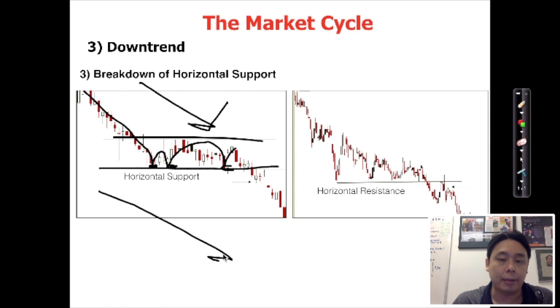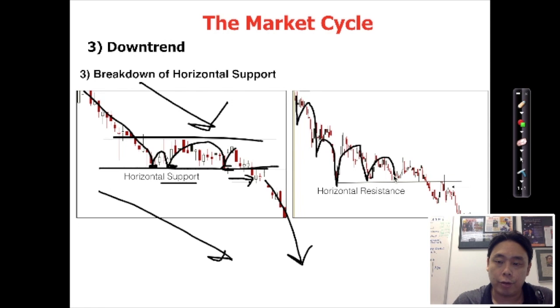When you see that pattern, when do you short? You short when the price breaks below this support level, and you can do a short sell over there, take it all the way down. Here's another one. Price going down, hit support, 1, 2, 3, 4. It has to test at least 3 times. It tested 4 times over there.